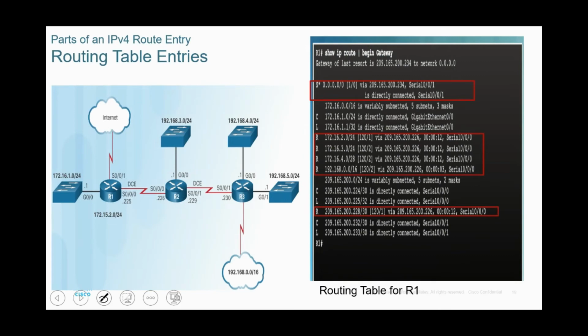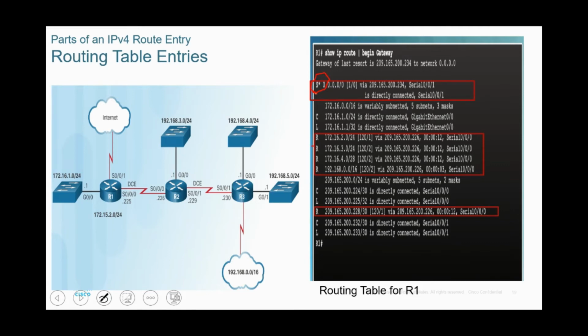These are all the routing table entries when you show ip route for your router R1. If you look here, S* means it is the candidate default static route. C stands for directly connected networks.